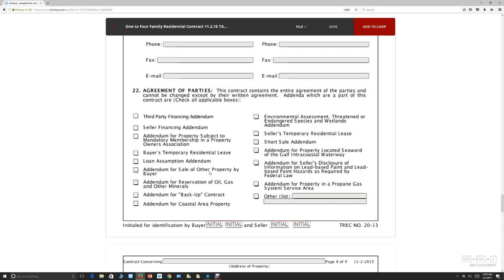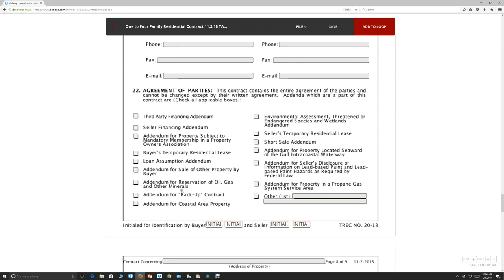I understand that there are finance days and that they could have their financing unapproved if they don't sell their home. But I just went through this in a legal situation, and that is actually fraud, and it is proven fraud because your buyer did not represent their financial capabilities truthfully. So if they must sell their home in order to buy another home, you need to use the addendum for sale of other property by buyer.